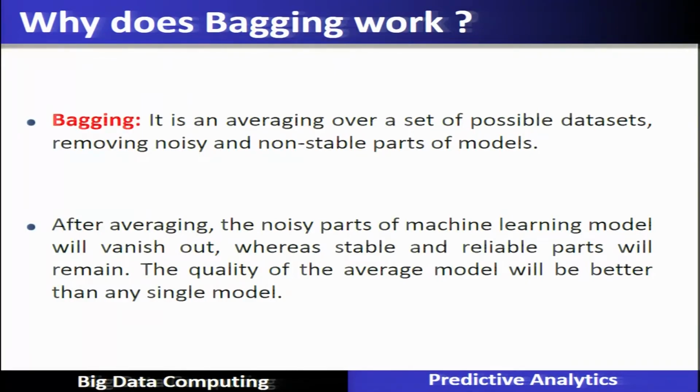This averaging is more accurate because the noisy part of the machine learning model vanishes in the averaging process, whereby the stable and reliable part remains. So the quality of the average model will be much better than any single model in the bagging scenario.